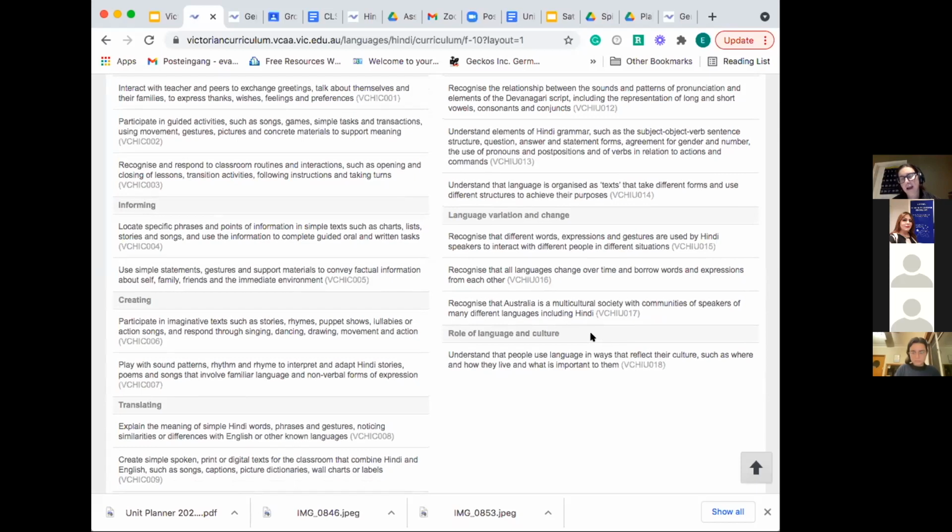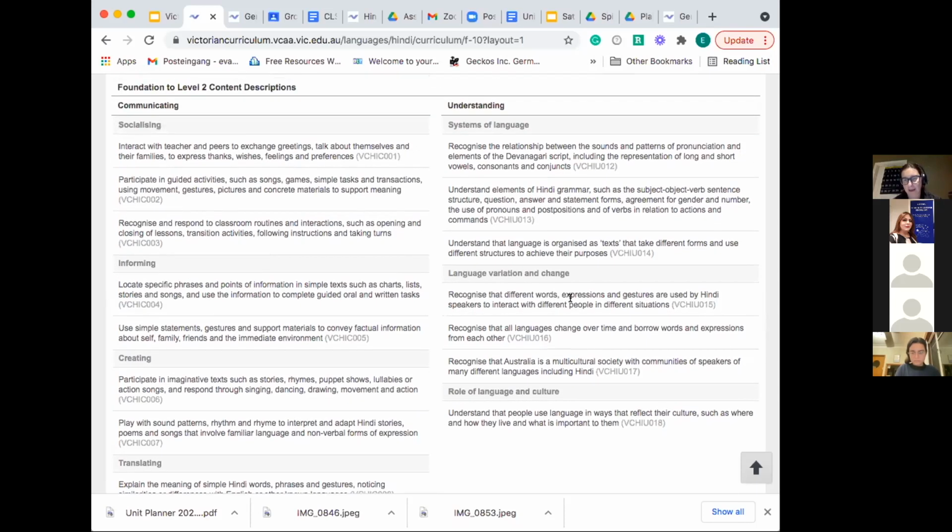Yeah. And then an Italian participant said, oh, that would never work with us because we use our hands while we are talking. So the big gestures are part of the language. And we look at that role of language and culture in the strand of understanding.